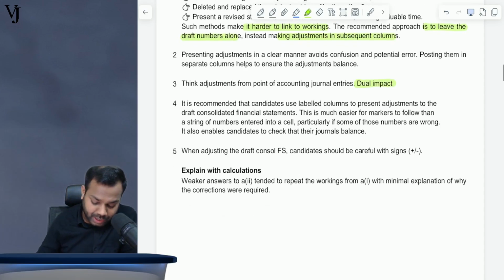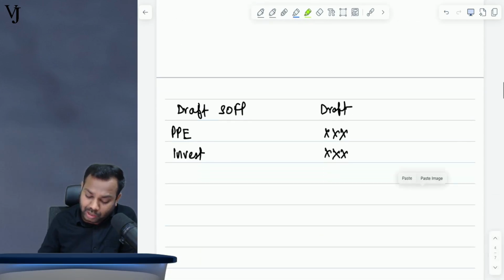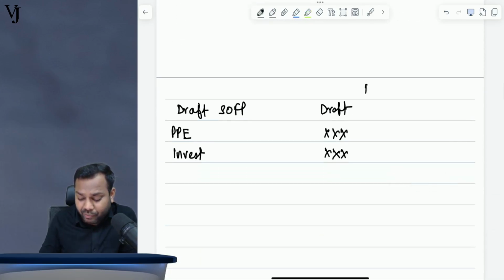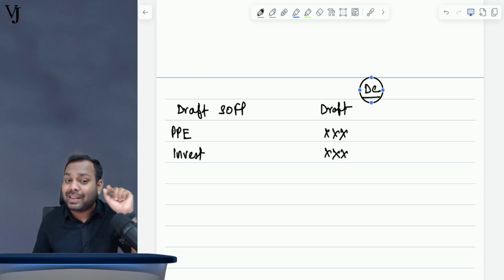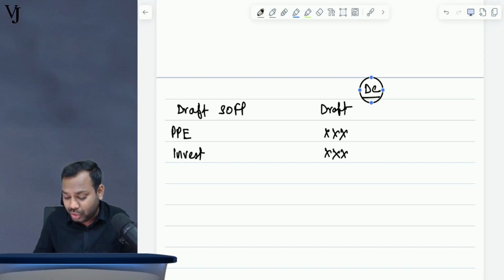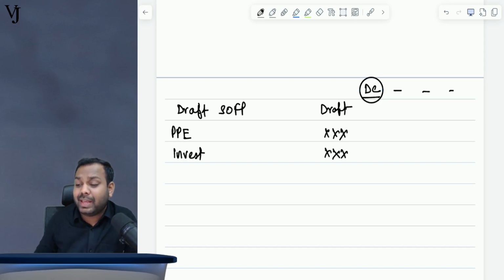It is recommended that students use labeled columns. Labeled columns means, let's suppose adjustment number 1 is deferred consideration. If you write deferred consideration, don't you think the examiner will get confidence just by seeing your paper? The examiner will think, okay, this student has clearly identified this, the student is smart.